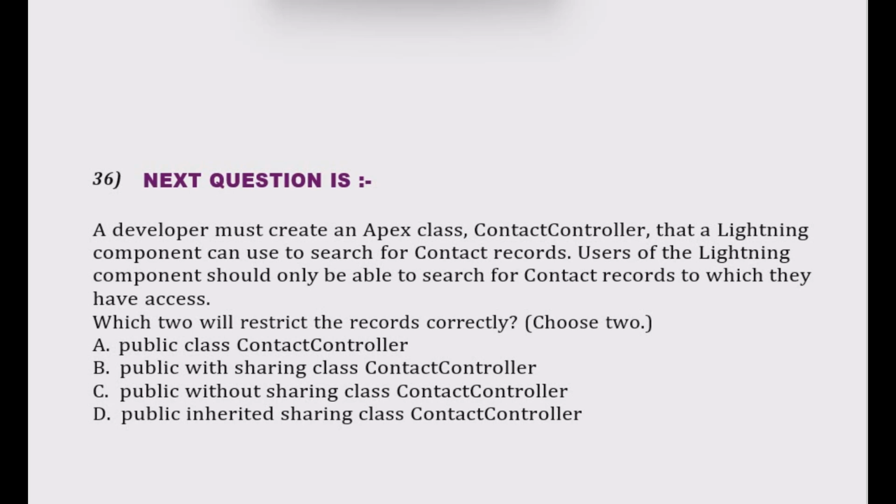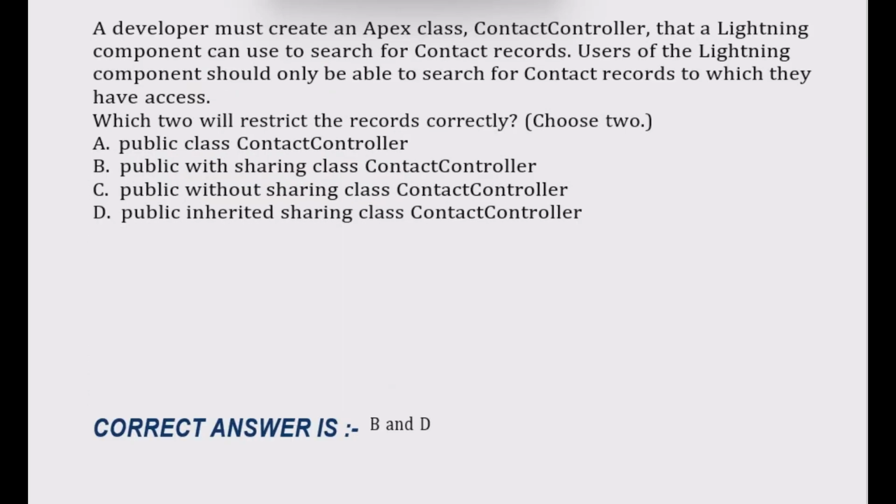Option A, public class ContactController. Option B, public with sharing class ContactController. Option C, public without sharing class ContactController. Option D, public inherited sharing class ContactController. Correct answer is option B and option D.